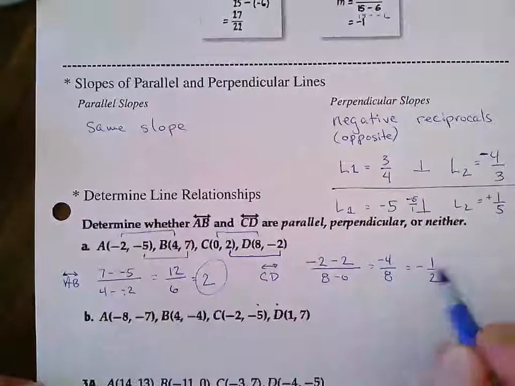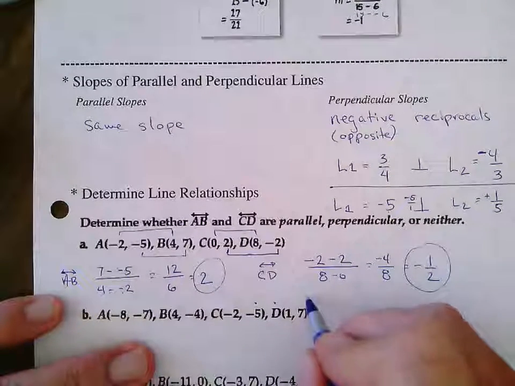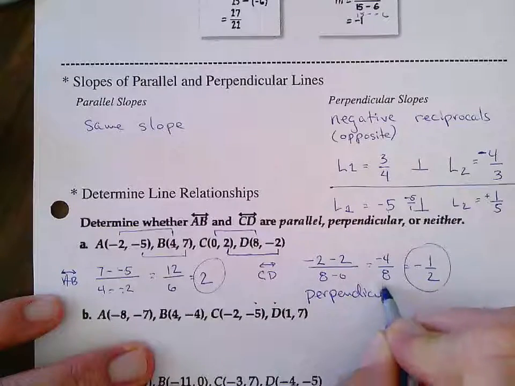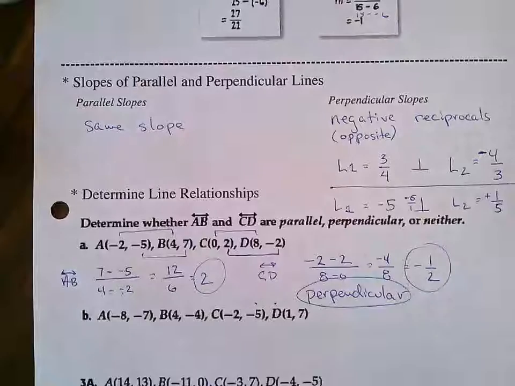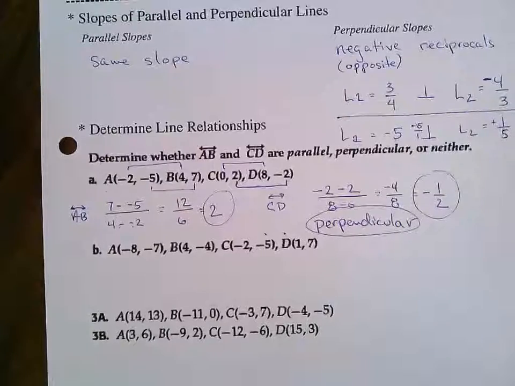And what you'll notice with these two numbers is that they are negative reciprocals. So that means these two lines are perpendicular. So they're perpendicular lines. Flip it over. You could try these other guys. You've got 3 problems to try there below. There they are. So you could try B, 3A, and 3B.